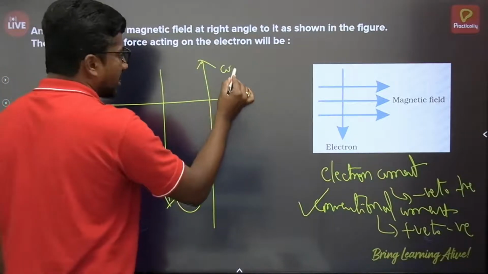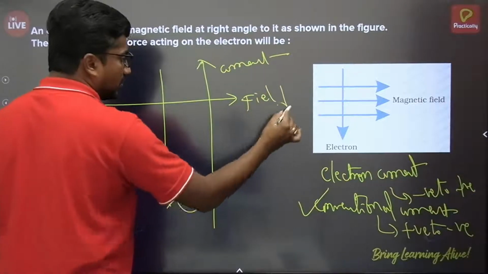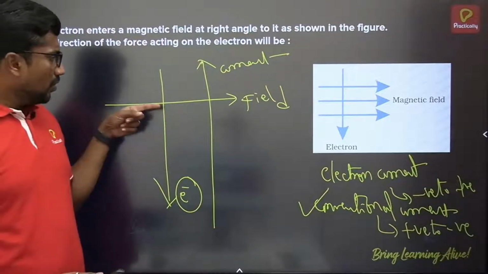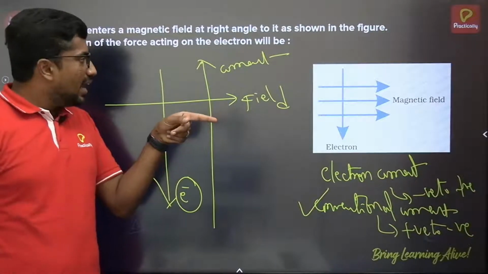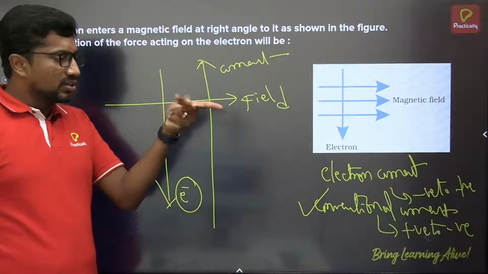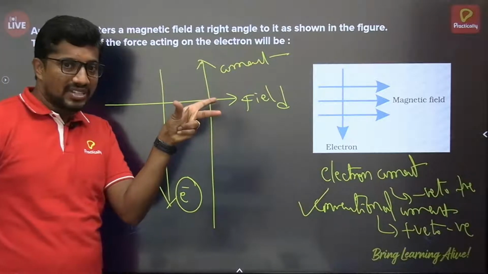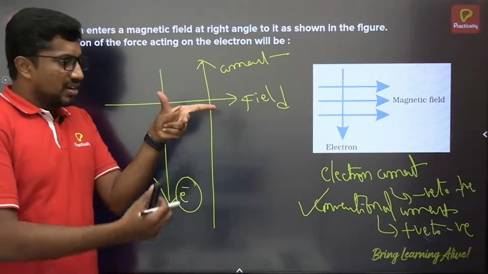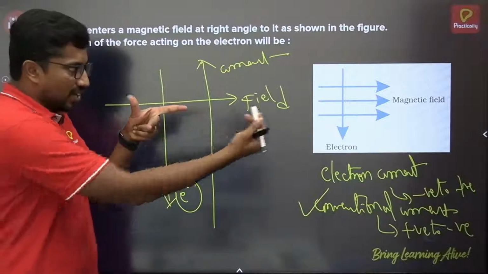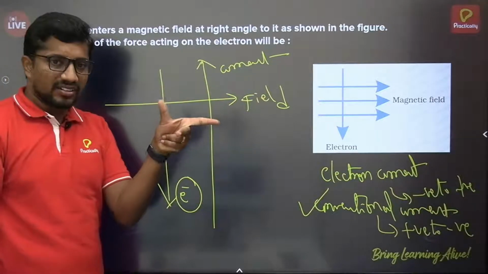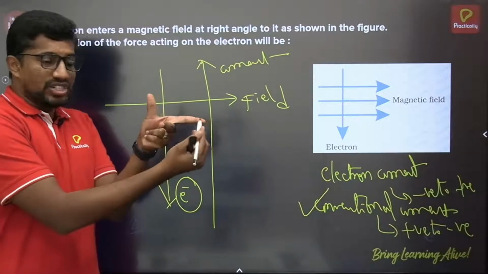So this is current direction, this is the field. I am pointing the index finger in this direction for the field, and the current upward. According to Fleming's left hand rule, I stretch and point the index finger in the direction of the field. Now I have to turn this up without changing this.